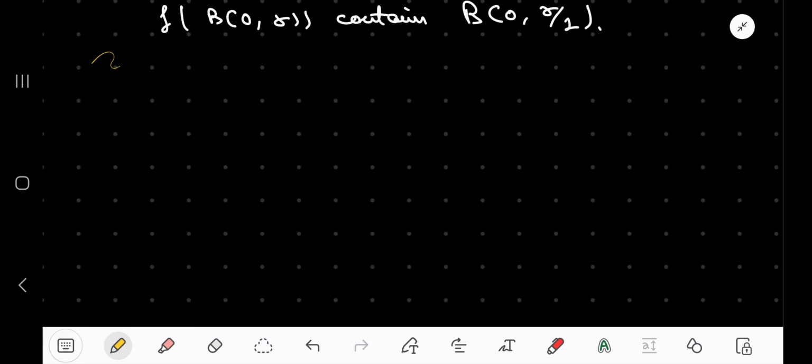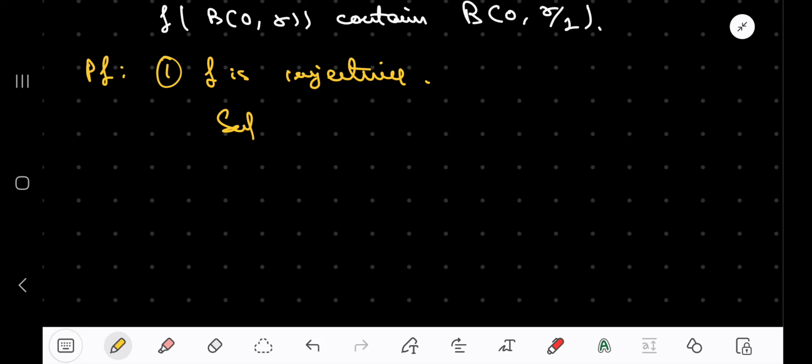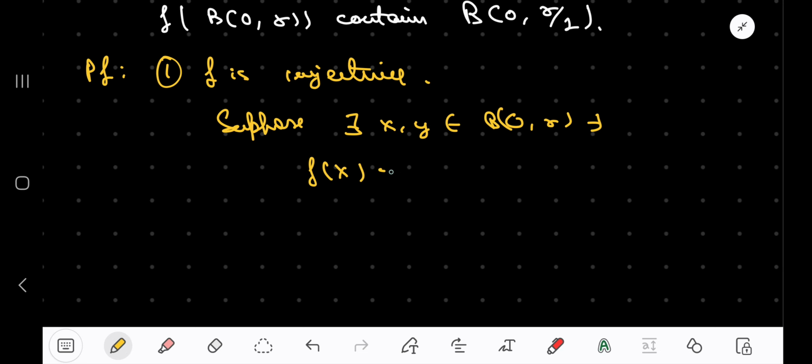The proof is again not very difficult. First we show that f is injective, and the proof is again quite easy. Suppose there exist x, y in B(0,r) such that f of x equals f of y.